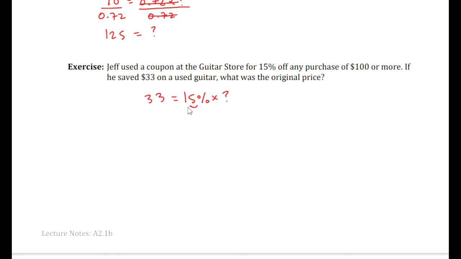We change that 15% to a decimal, moving it 2 units to the left. 33 equals 0.15 times the unknown.